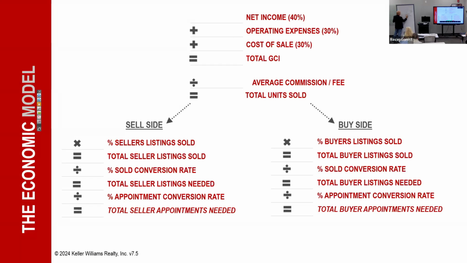If you take $101,250 plus $101,250 plus $135,000, you're going to end up with $337,500. See it? So that's how we get there.